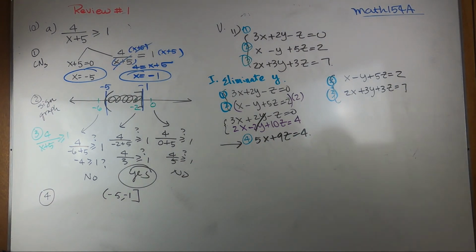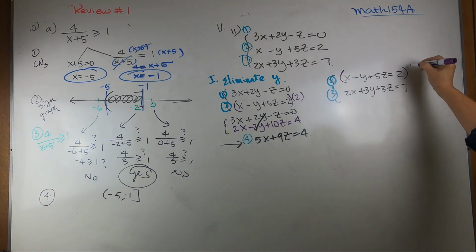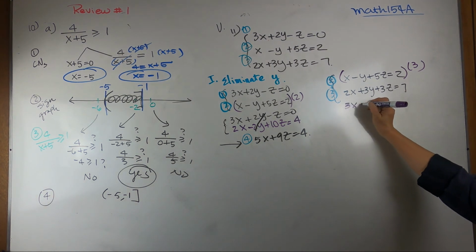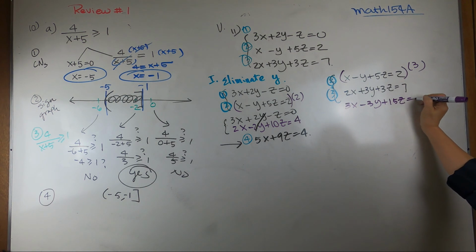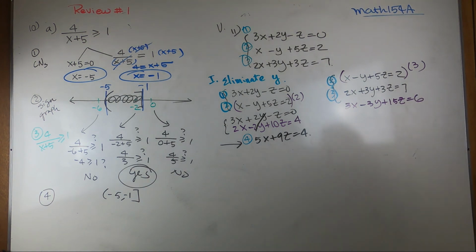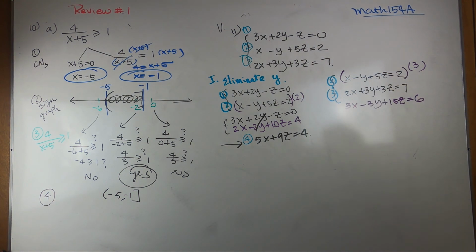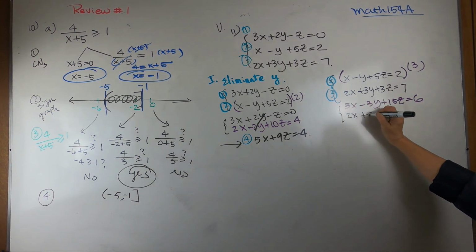Then for this condition, what should we do to get rid of y? I need to multiply this by 3. So what do I have? 3x minus 3y plus 15z equals 6. Don't mingle it with the original, so you better rewrite it as a new system.